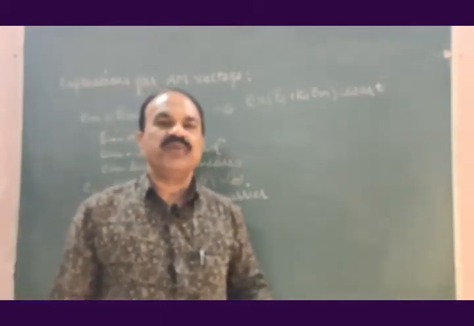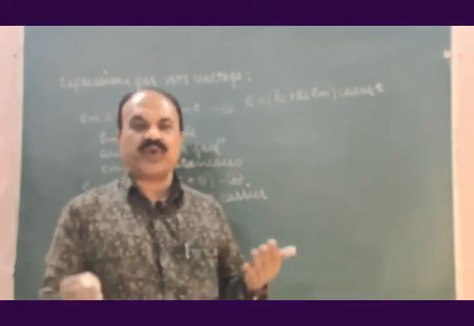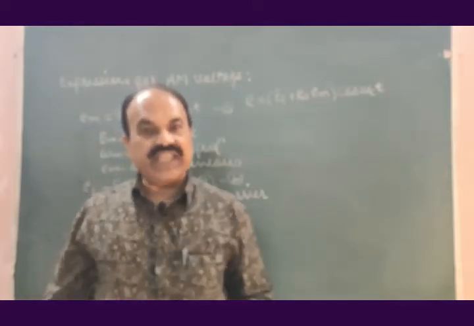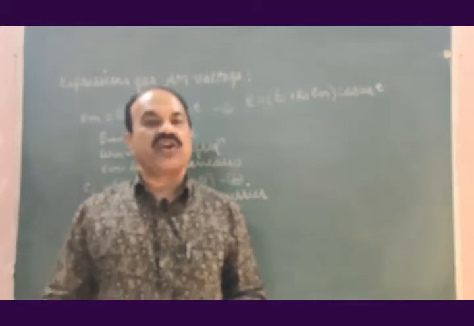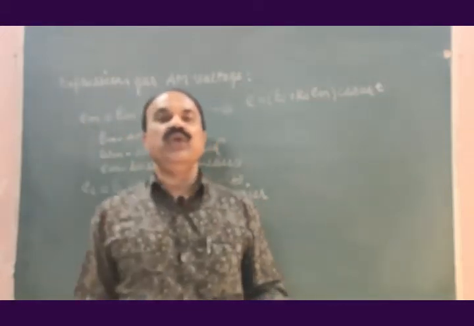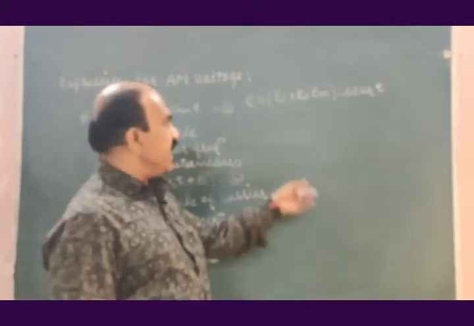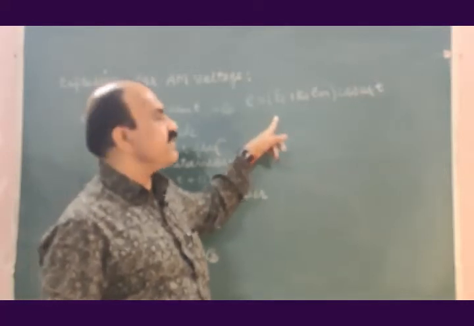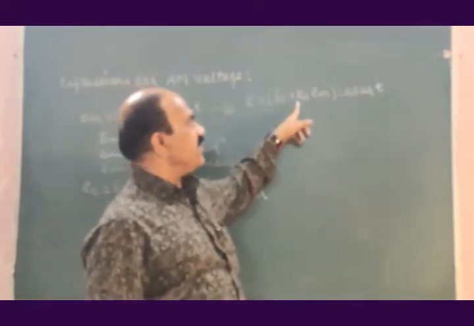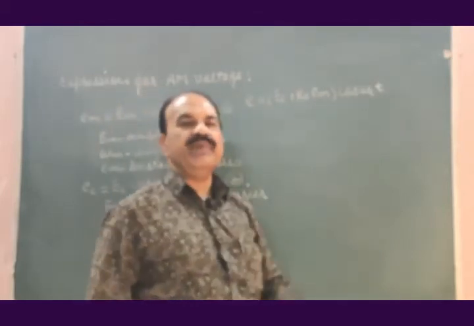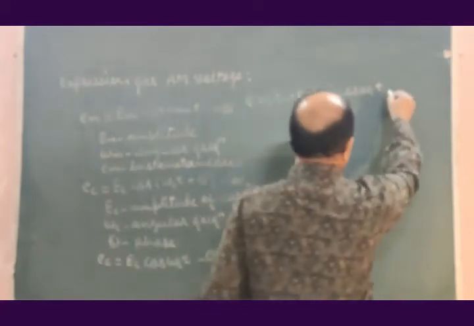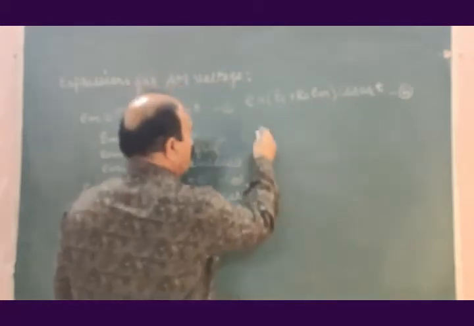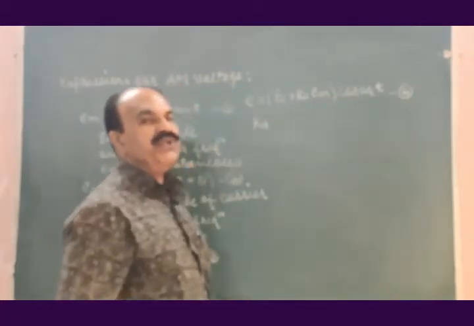What is definition of amplitude modulation? It is the process of production of a waveform in which amplitude of carrier voltage is varied in accordance with instantaneous value of the modulating voltage, and therefore expression for amplitude modulated voltage must be E is equal to EC plus KA small em cos omega ct, equation number 4, where this KA is proportionality constant for amplitude modulation.